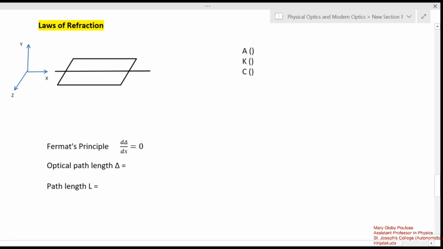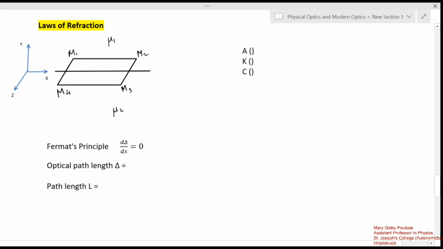Let us assume the case of a refracting surface. Here, I have drawn a plane M1, M2, M3, and M4, which acts as the boundary between a medium of refractive index mu1 and mu2.